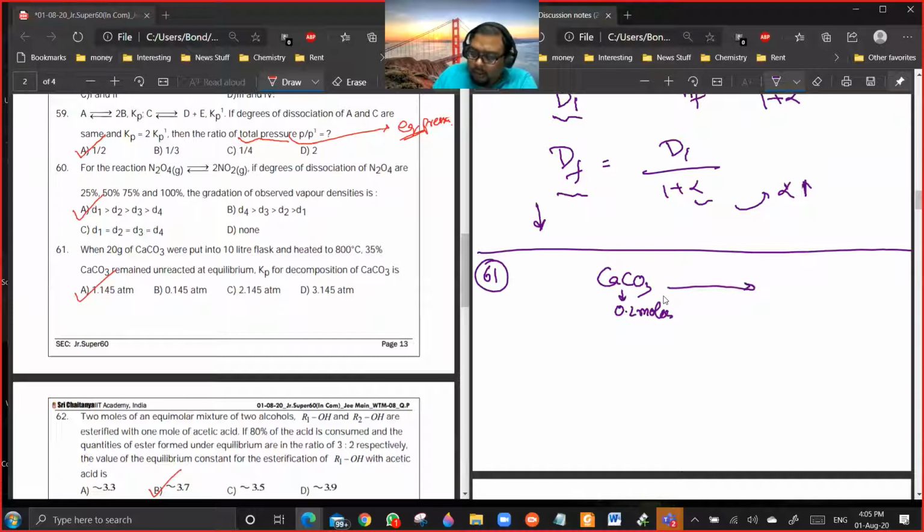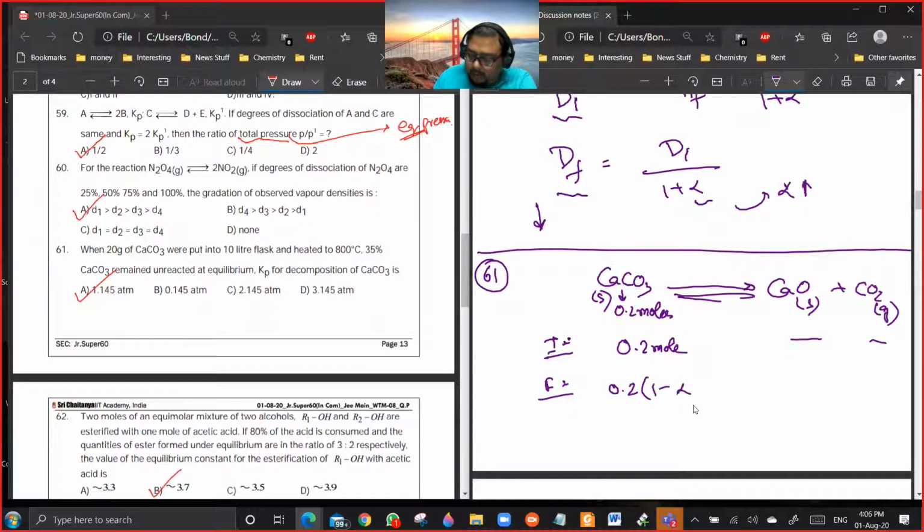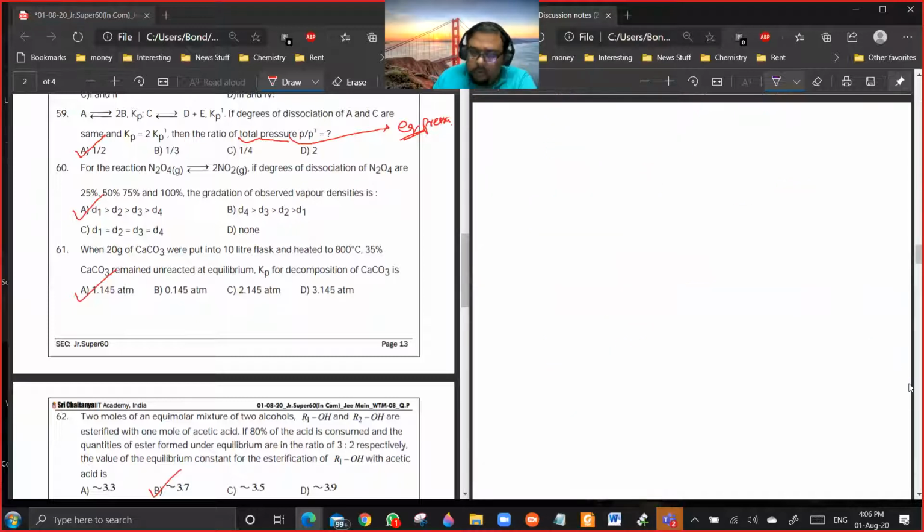So it is decomposing like CaO plus CO2. This is solid, and this is gaseous. So initially you have 0.2 moles, 0 and 0. Finally, you have 0.2 into 1 minus alpha, 0.2 alpha and 0.2 alpha.